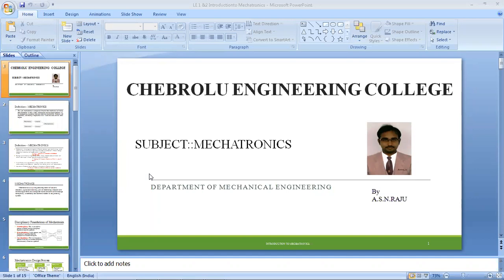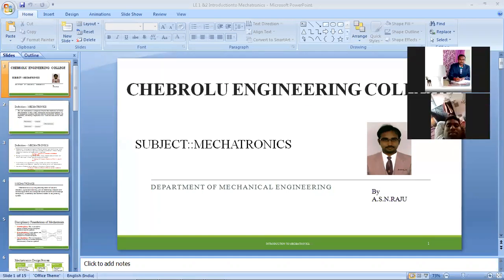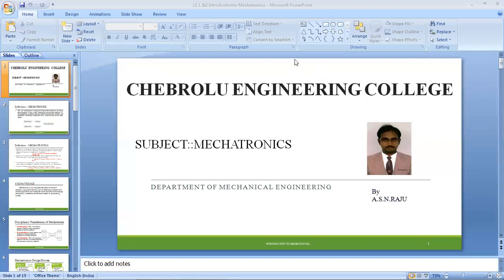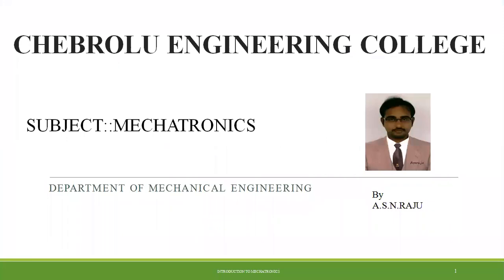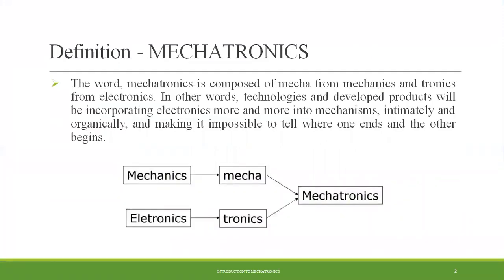So what is meant by mechatronics? Mechatronics is the synergetic combination of both the mechanical as well as the electrical systems. So it is a combination of both the branches, as we have already discussed. There is mechanics, from which 'mecha' has been taken. It is a Japanese word, mecha, and after that it has been converted to mechanics, and electronics.